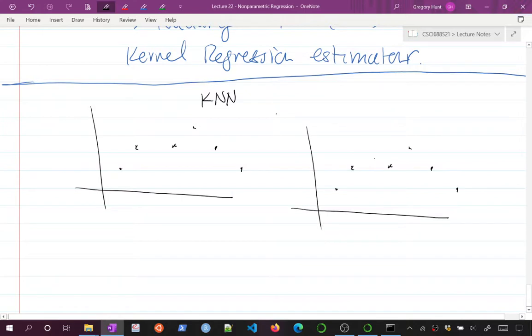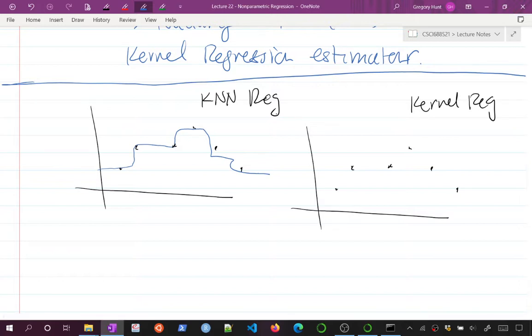Something like that. Okay. Now, I can fit a KNN regression, or I can fit a kernel regression. KNN regression will fit some kind of step function to this, right? We've seen that before. Maybe that's what it looks like.